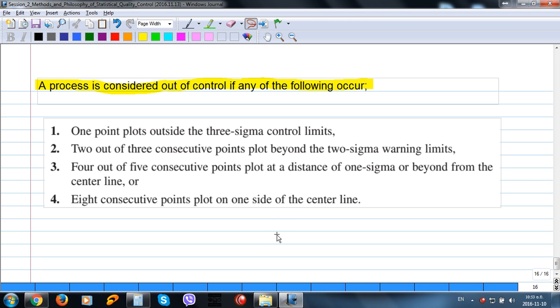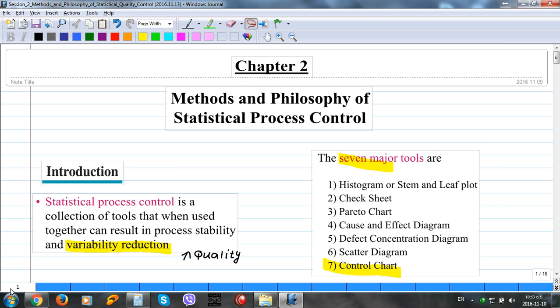That is a brief introduction to control charts. Now we know something about what a control chart is and what statistical process control is, and how we are going to control this in an industry. So now you have some background knowledge about statistical quality control, and we can do process control, solve problems related to industry, and find whether a process is statistically in control or out of control.